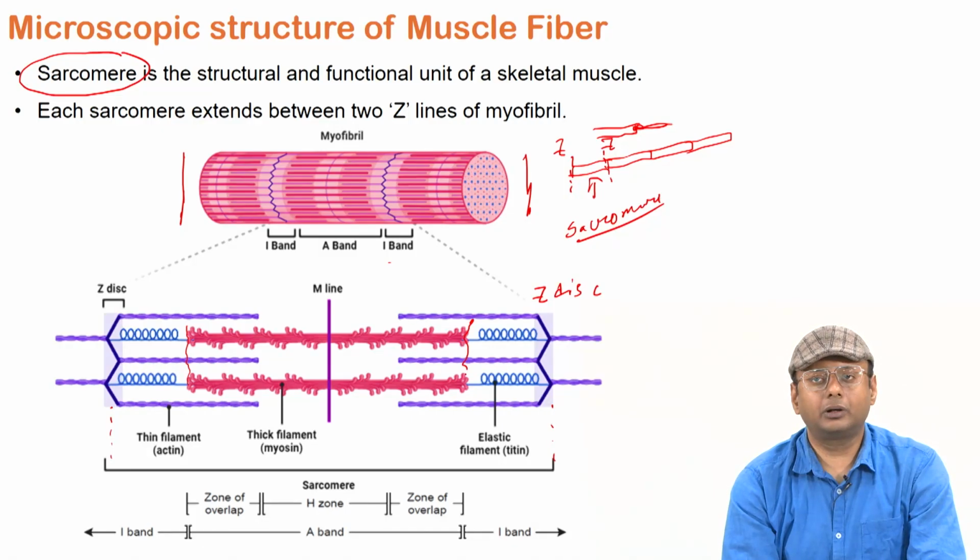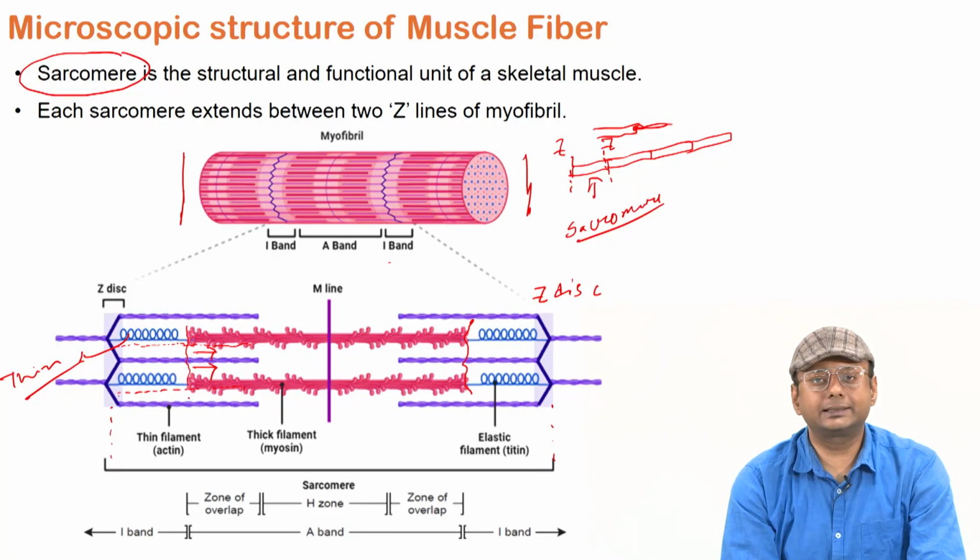The thick filament components are here, and the thin filaments are the actin, troponin and tropomyosin. This is mostly here, but some thin filament is also present along with the thick filament.